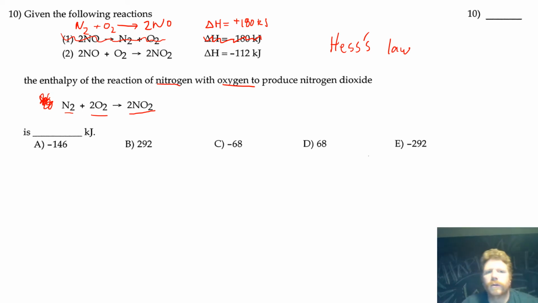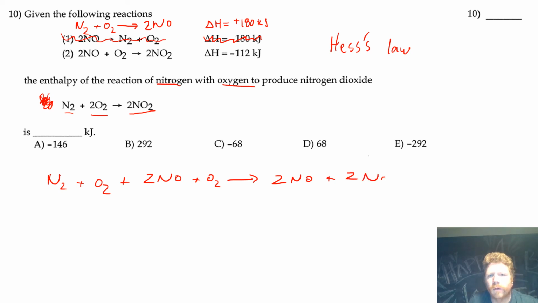Now let's look at reaction 2: 2NO plus O2 yields 2NO2. Our goal is to make 2NO2. Since NO2 is a product in reaction 2, let's write all our reactants: N2 plus O2, plus my other reactants from reaction 2, 2NO plus O2, yields 2NO plus 2NO2.